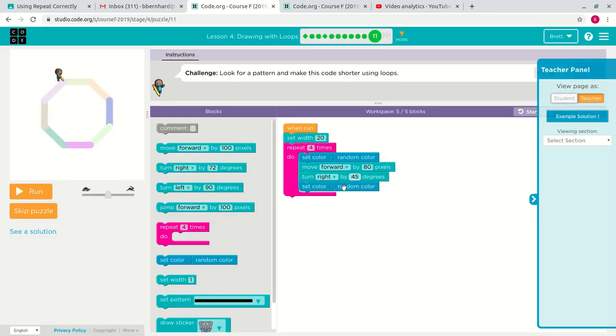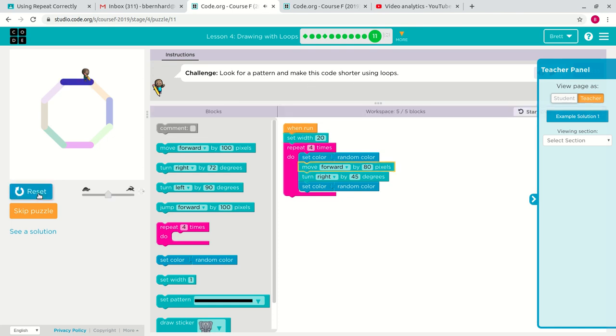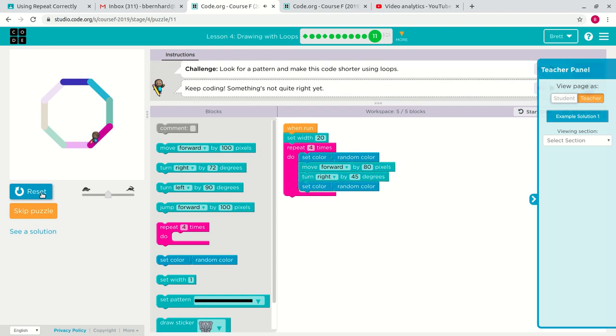And number 11, the challenge. So we want to draw this octagon, I believe that is. And it says, look for a pattern and make this code shorter. So let's see what it does. Okay. So we want it to, instead of, wait, I think all we need to do is repeat this.